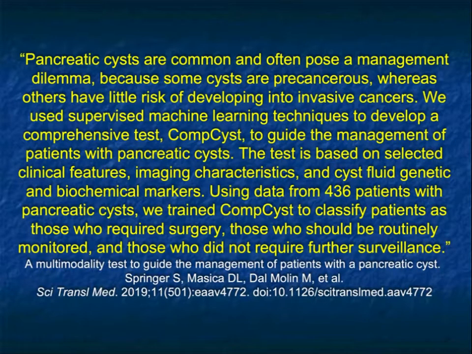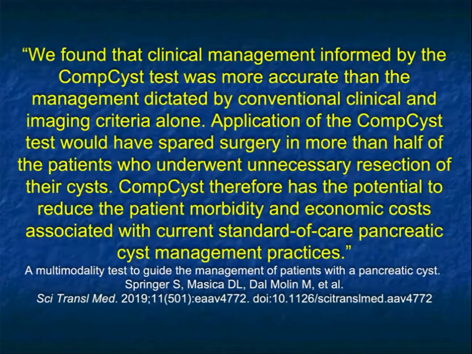And this was called the ComCys test. It was a test based on selected clinical features, imaging characteristics, and cyst fluid genetic and biochemical markers. Using data from 436 patients with pancreatic cyst, they trained the ComCys to classify patients who would require surgery, those who should be routinely monitored, and those that did not require surveillance.